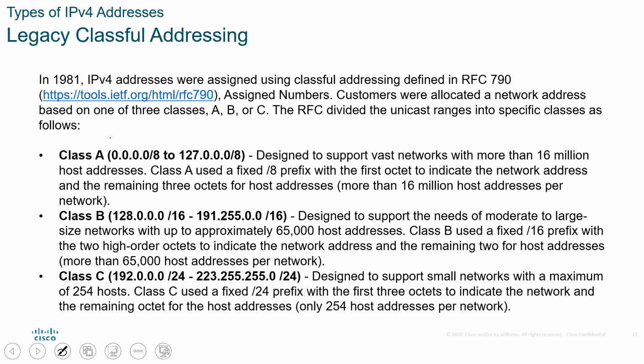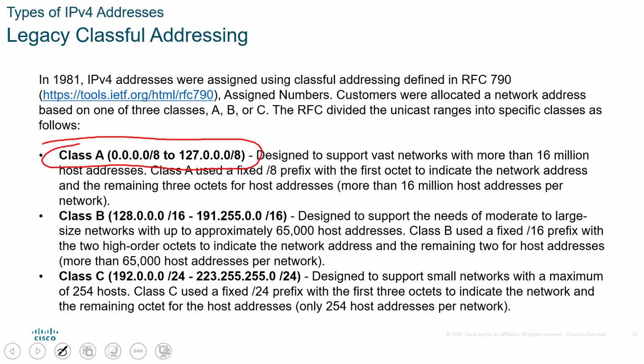So you see class A. For you not to get confused, remember I said we have private and public IP addresses, and what I showed you earlier was private IP addresses. Now, the class A block contains everything from public to private.